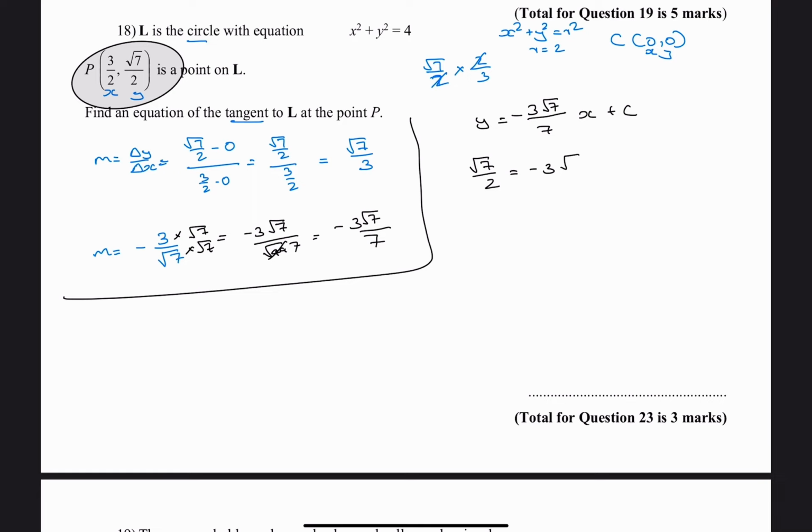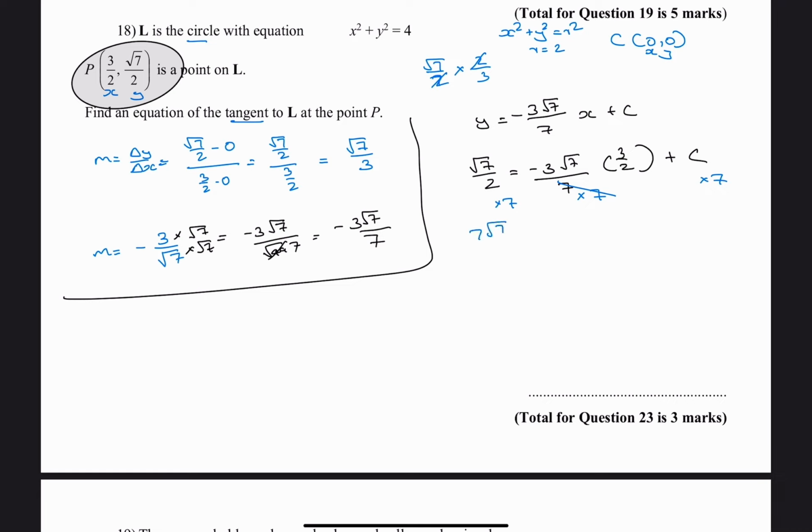So I got root 7 over 2 is the y, equals minus 3 root 7 over 7, x is 3 over 2, plus c. What number do we multiply everything by? In order to cancel this 7, just multiply everything by 7. Times it by 7, times it by 7, times this by 7. That can cancel. What do we get?